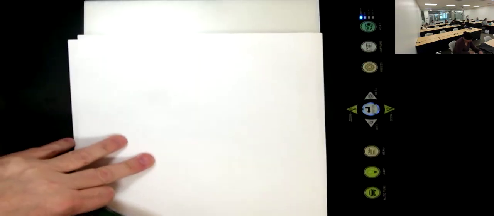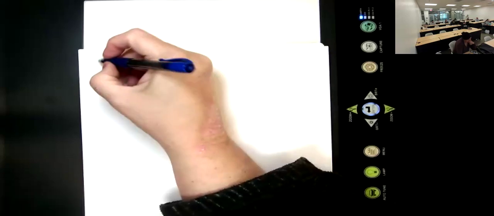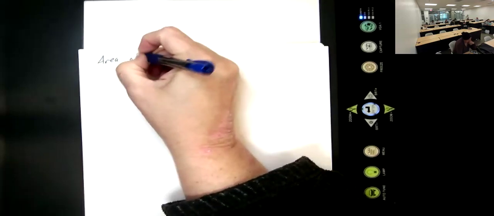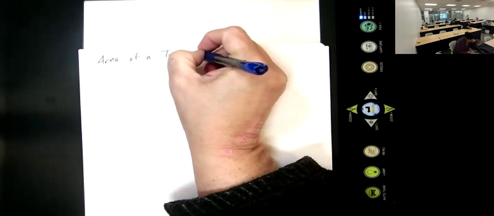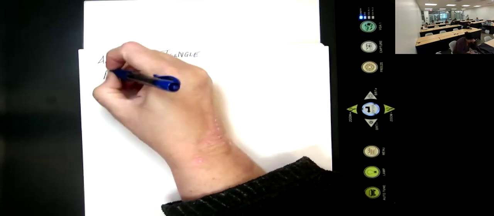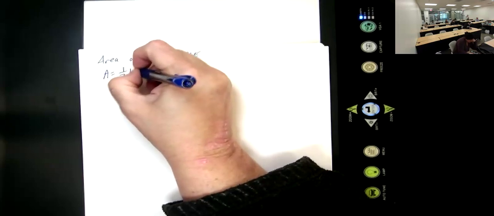Okay. The last topic that's in 8.1 is area of a triangle. Now, we all are familiar with, hopefully, area equals 1/2 base times height.